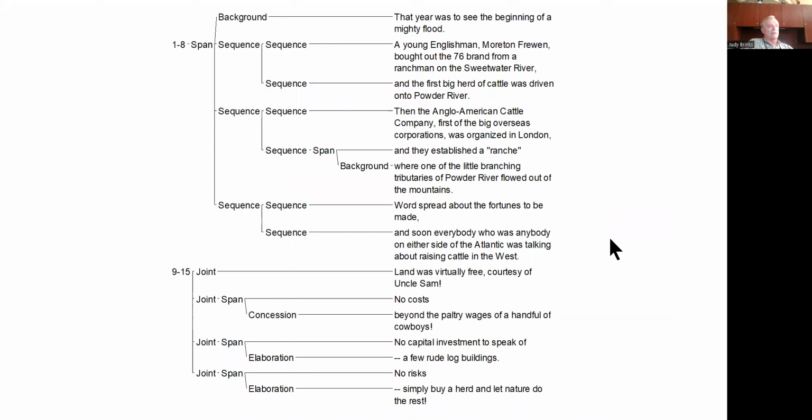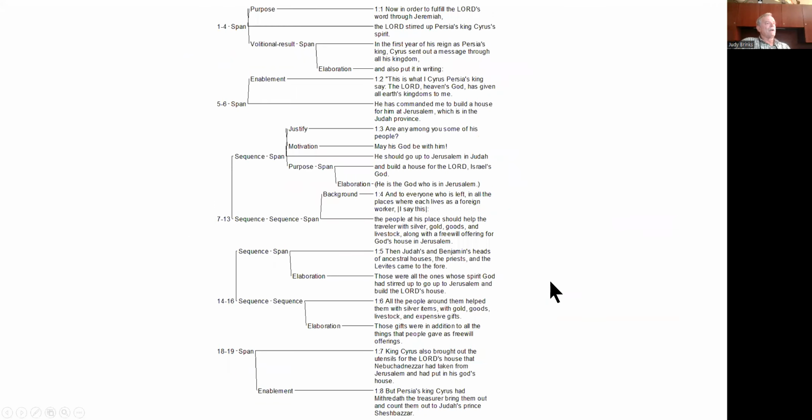I'm not going to take the time to go through all of it because it simply is here to illustrate the fact that you can change the direction of the layout. And you can see the units, the EDUs are on the right side, the sequences and relations and spans are all on the left side, 1 through 8 and then 9 through 15. Okay, moving on, we have this particular layout.